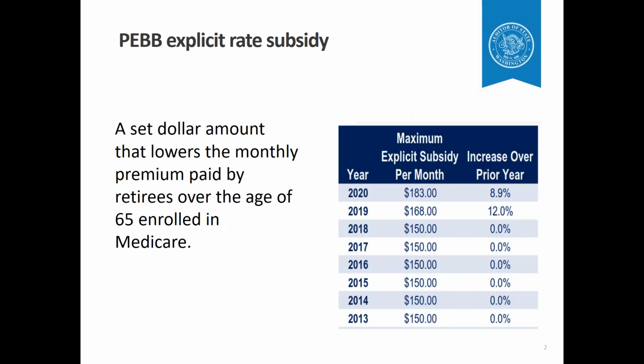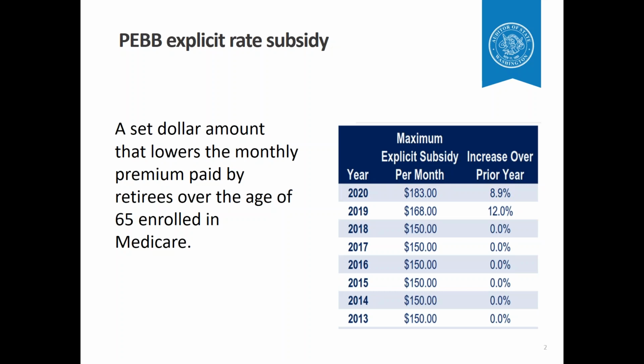I wanted to talk a little bit more about the PEBB plan, those explicit and implicit rate subsidies. I get some information here from the PEBB valuation. The first one is the explicit rate subsidy. Now, for retirees who are Medicare retirees, so those 65 and older, they get a set dollar amount that lowers their monthly premium that they have to pay.